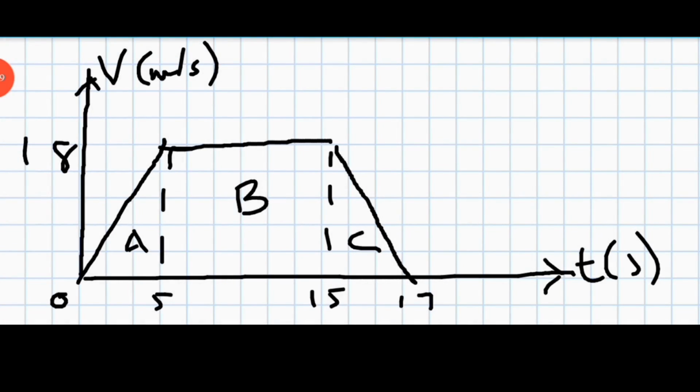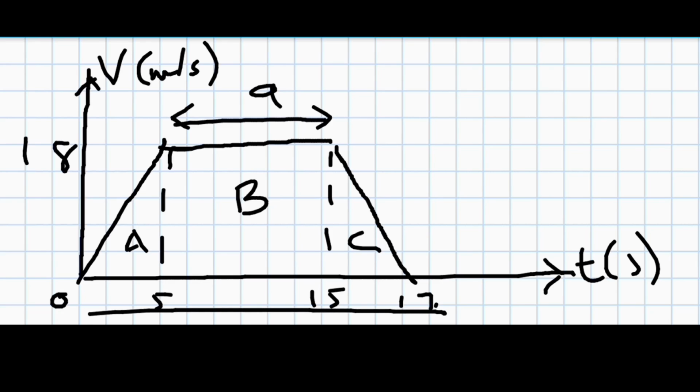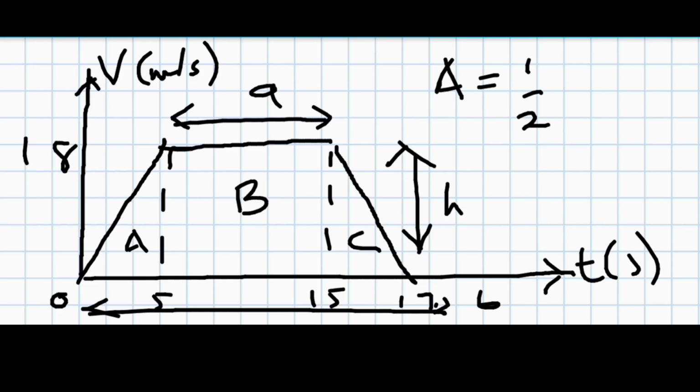Since we know that the shape is a trapezium, this portion here will be given, let's say A, then the total portion here, let's call it portion B, and of course we have this as portion H, the height, so that the formula for the area of a trapezium is given as area equals half into A plus B multiplied by H.